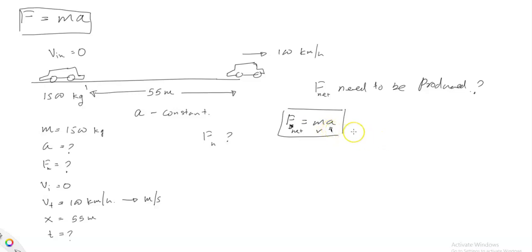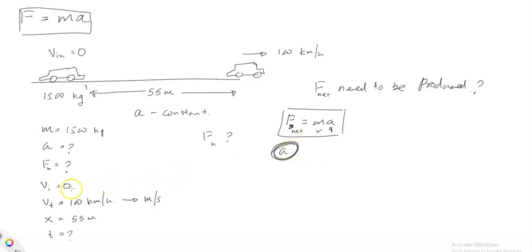So once we figure out which equation we need, next thing is, okay, what are the variables we need to know. Now in this case we need to find acceleration. So this is our goal, finding the acceleration. So how do we get to that?